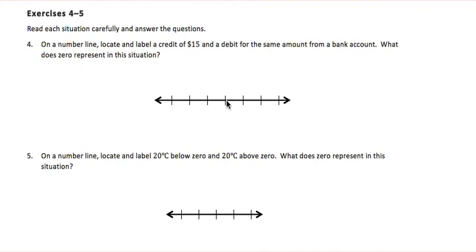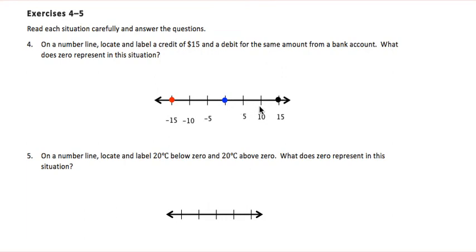So if I locate the center, and we'll make this our 0, so I labeled our number line with the positive intervals increasing or decreasing by 5 each time.